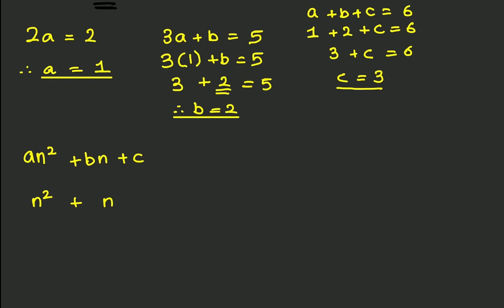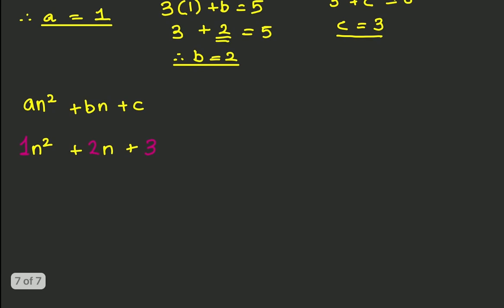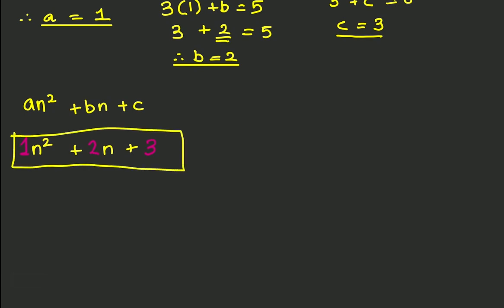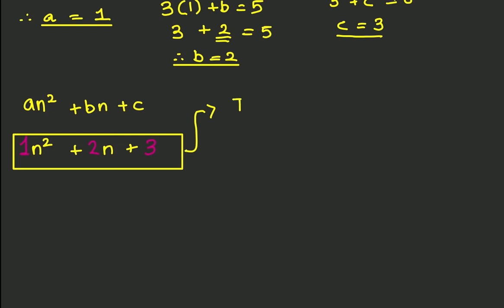So a is equal to 1, b is equal to 2, and c is equal to 3. With this, we have our official formula for this quadratic sequence: n squared plus 2n plus 3. Now let's prove this and test it.